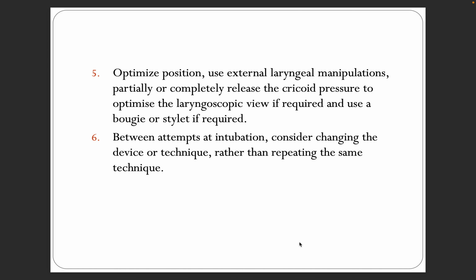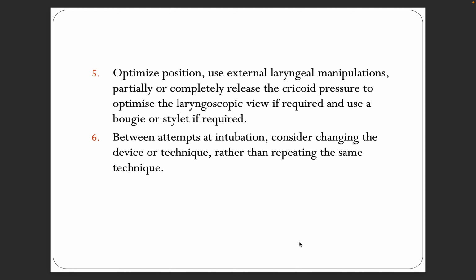Optimize the position, use external laryngeal manipulation, partially or completely release the cricoid pressure to optimize the laryngoscopic view if required, and use a bougie or stylet if it is required. And between attempts at intubation, consider changing the device or technique rather than repeating the same technique.